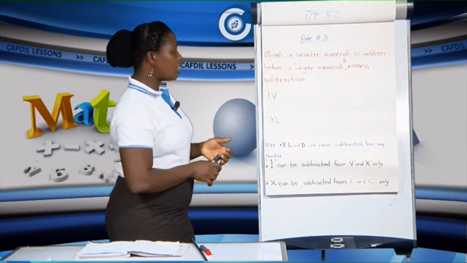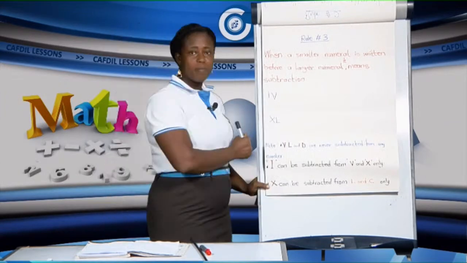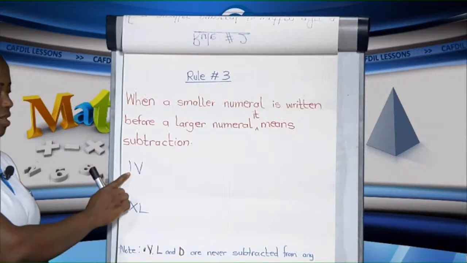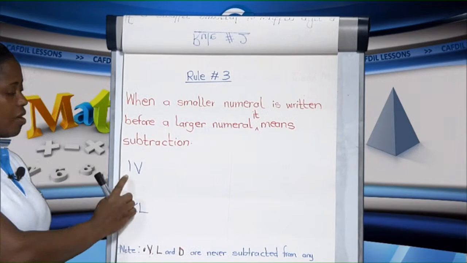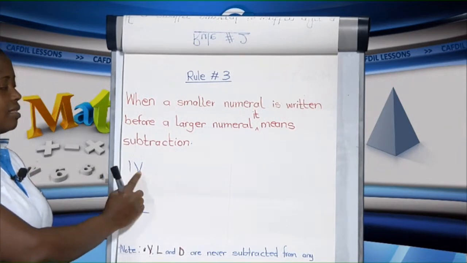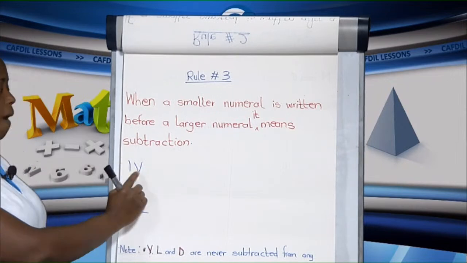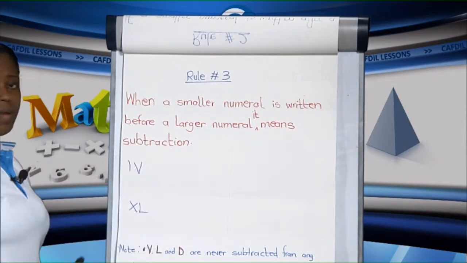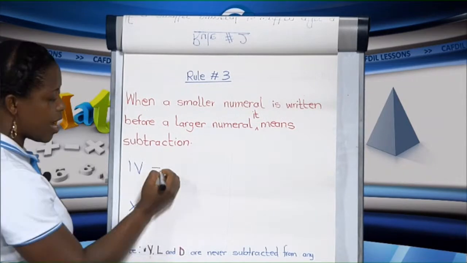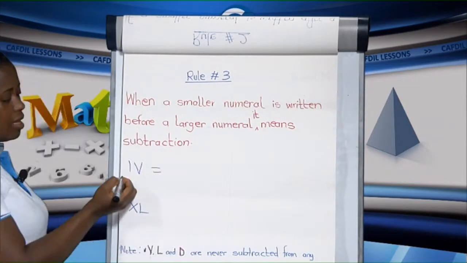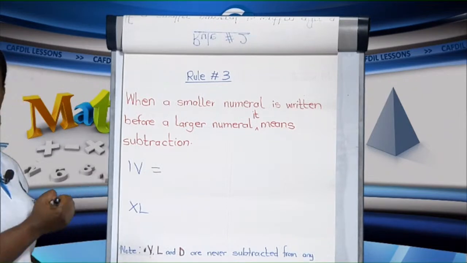So let's take an example. IV. I is 1 and V is 5. I has been written before V, and I is smaller. It means subtraction. When you see this, you subtract the smaller numeral from the larger one.